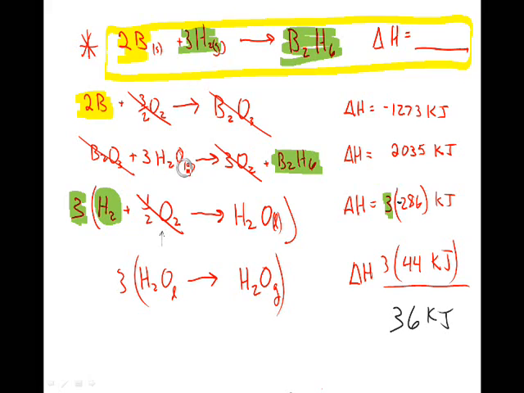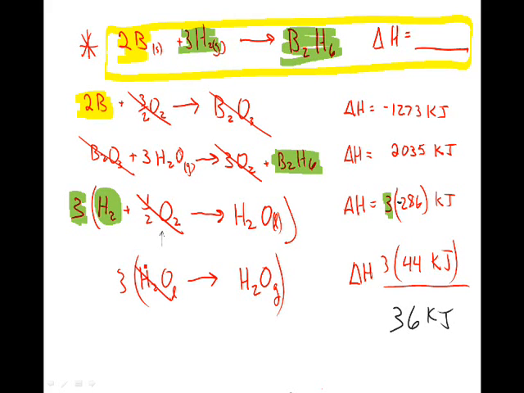Water in the form of gas has a different amount of energy than water in the form of liquid. They don't cancel. That's why we were given this third reaction, and we have to rearrange it and multiply it by a coefficient so that these 3 waters represented here in the form of liquid can cancel these 3 waters that are in the form of a liquid.